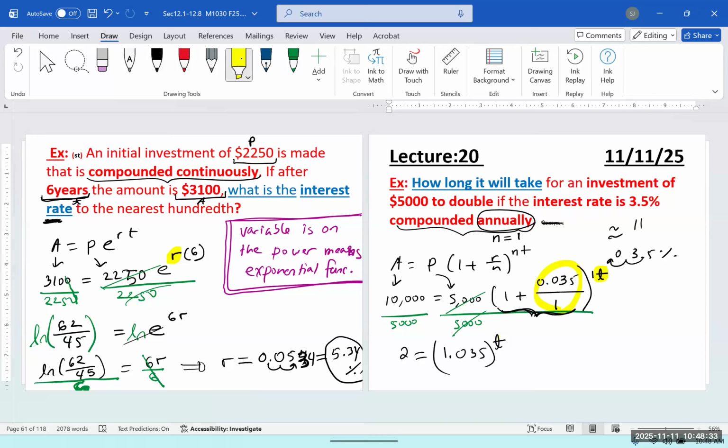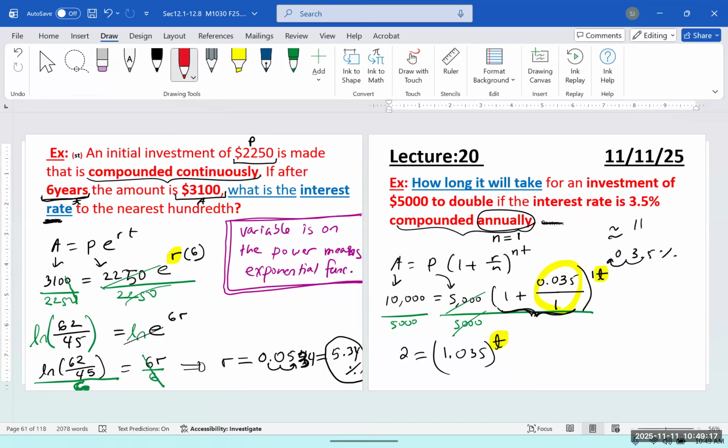Your t is in the power, so you're solving for t. The square root is not going to make t come down as a coefficient. You cannot divide because this is the base. What did you learn? When you have a power, it brings the power down. Log. For every exponential equation, if the bases are totally different, you cannot do anything with them, you go to the log family and get the log.